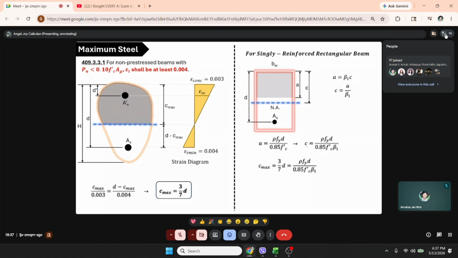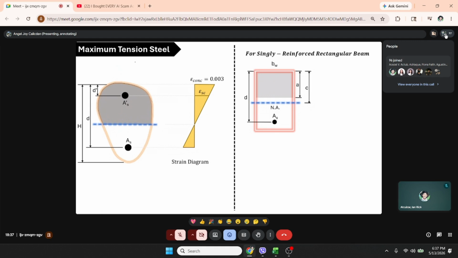Same thing, equate this C to your C max and isolate rho to get rho max, which is equal to 3/7 0.85 f'c beta 1 over Fy. So it is the same pattern, 0.85 f'c beta 1 over Fy, multiplied by the C with the D removed. So 3/7.